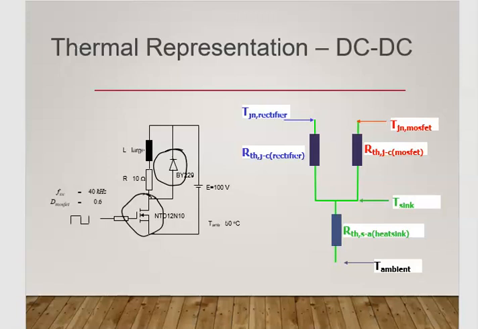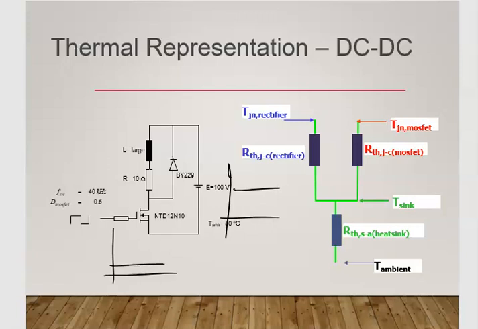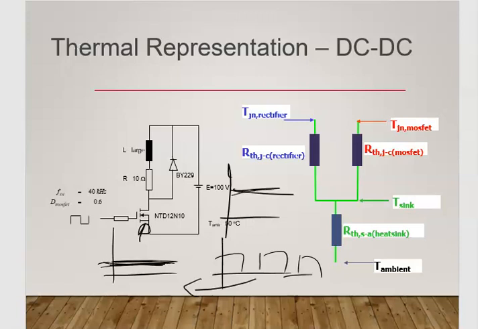When we operate this circuit as a DC-DC converter, we are converting the 100 volt input into a lower output voltage due to switching. We switch it on and off, so it becomes a lower voltage level compared to the incoming 100 volt.